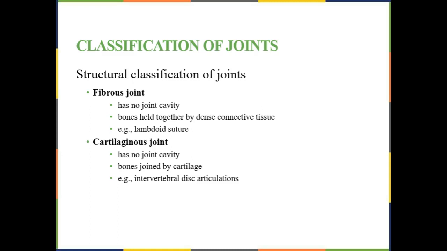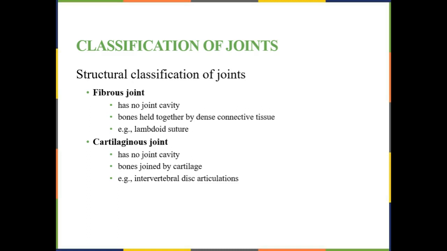Examples are the sutures of our skull, as well as our facial bones. The lambdoid suture allows for the articulation between the occipital bone and your parietal bones.